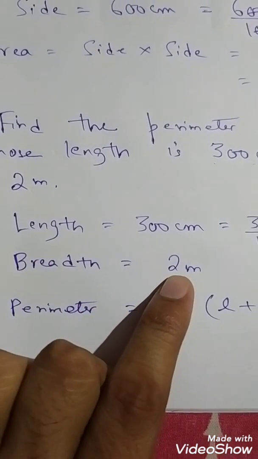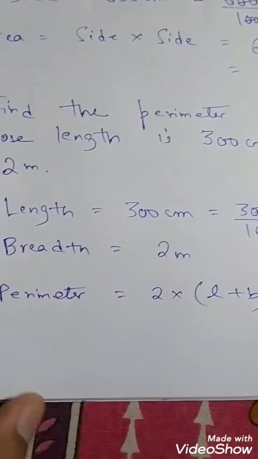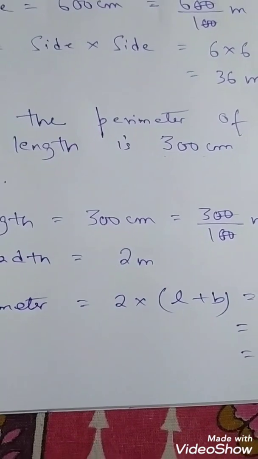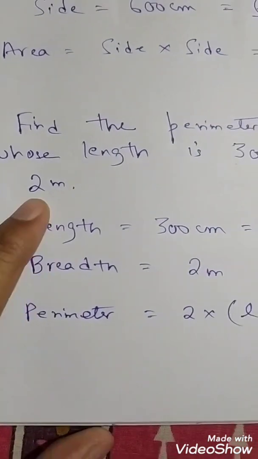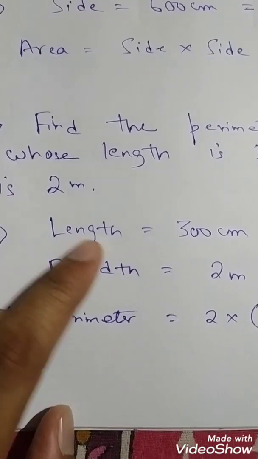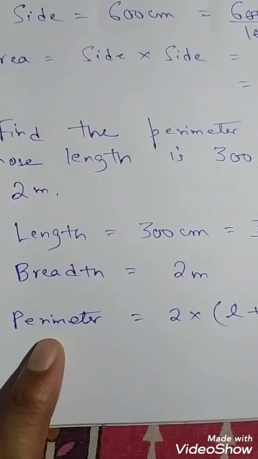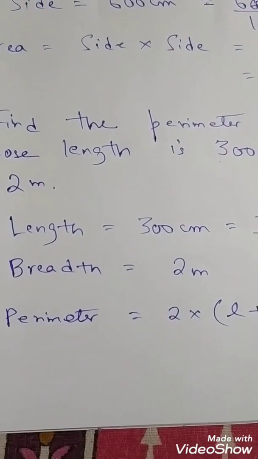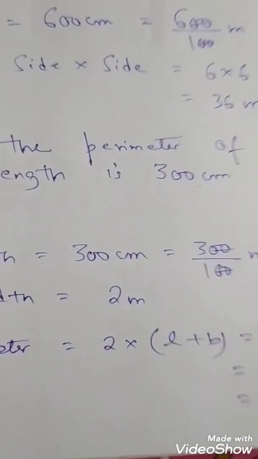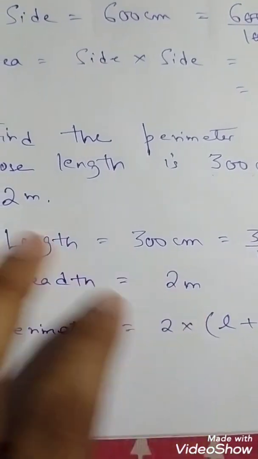The breadth is already given as 2 meter. You can also do it the other way: convert meter into centimeter. Length 300 cm and breadth 2 meter means 200 cm, then find the perimeter. That is also correct. Your answer will come in centimeter, while mine will come in meter because I converted 300 centimeter into meter.